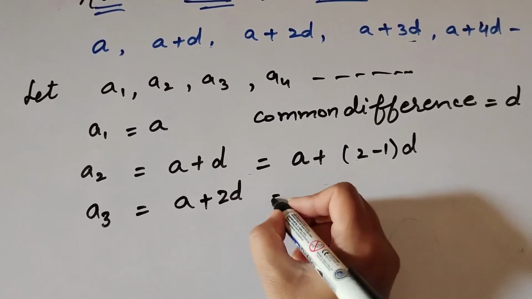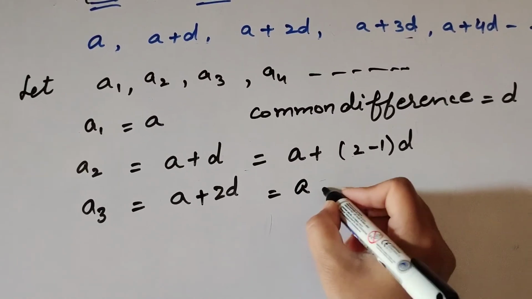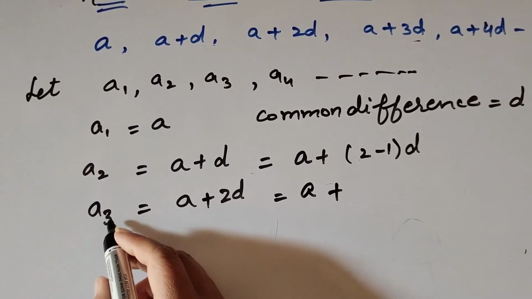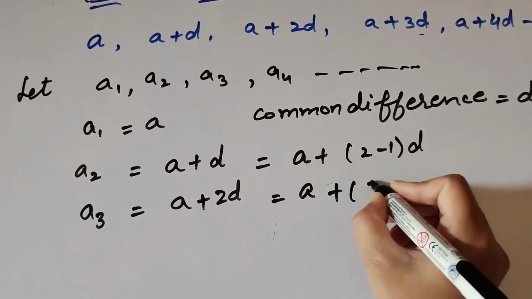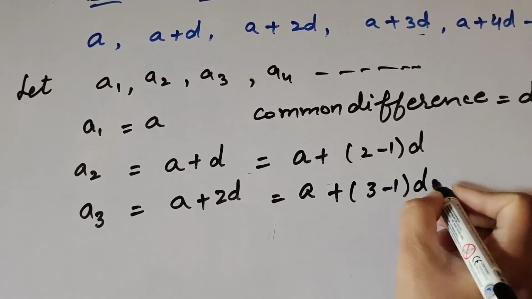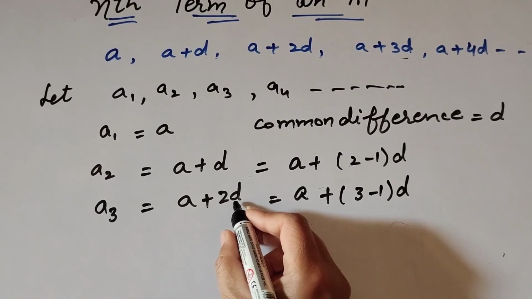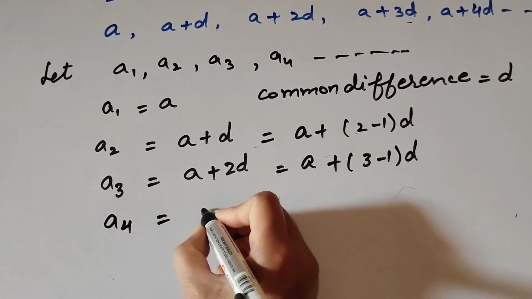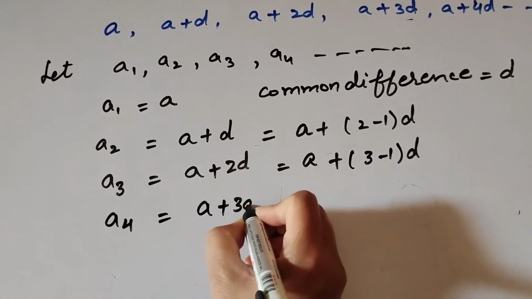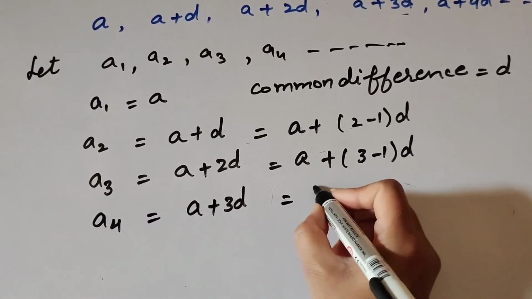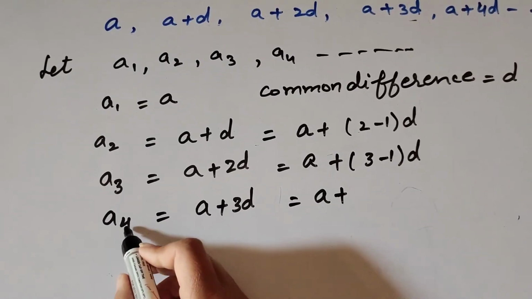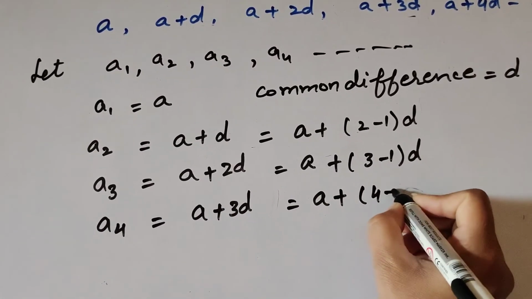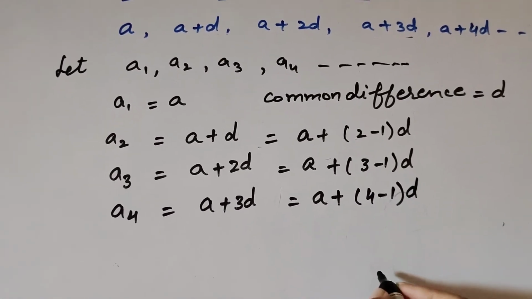It is equal to a plus, for the third term, 3 minus 1 d, and 3 minus 1 is equal to 2d. And a4 is equal to a plus 3d, equal to a plus, for the fourth term, 4 minus 1 d.